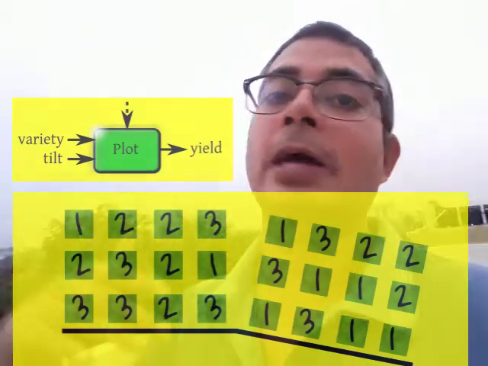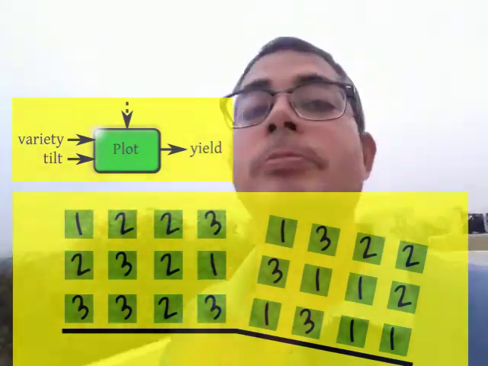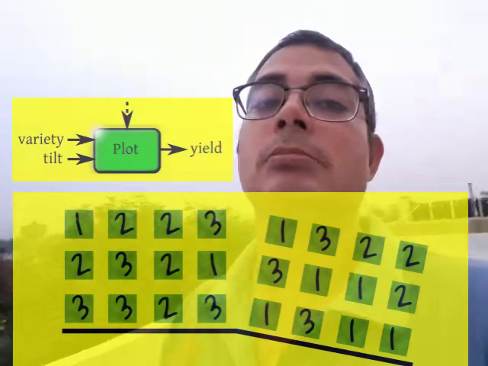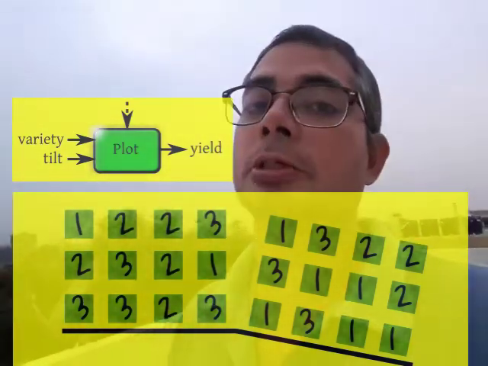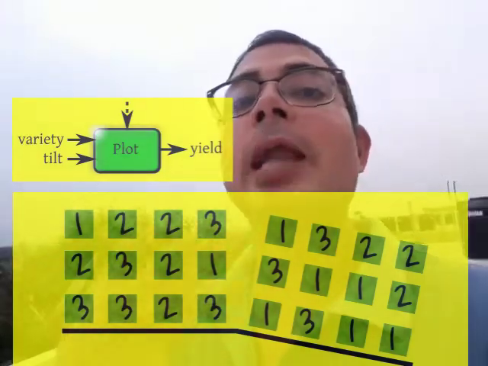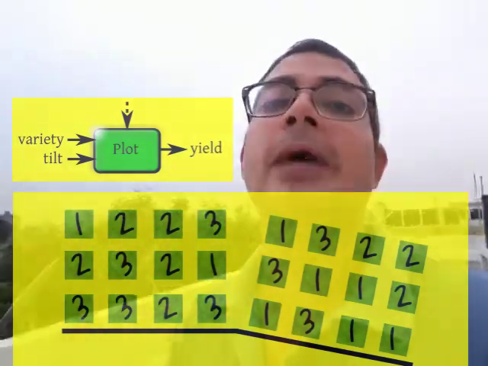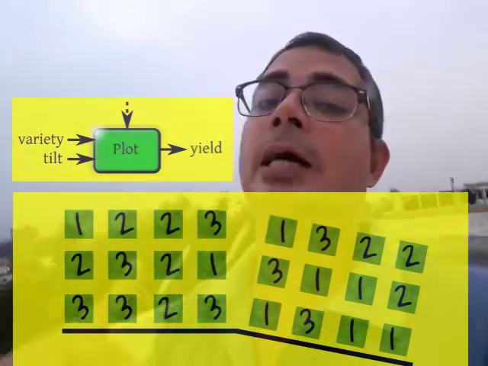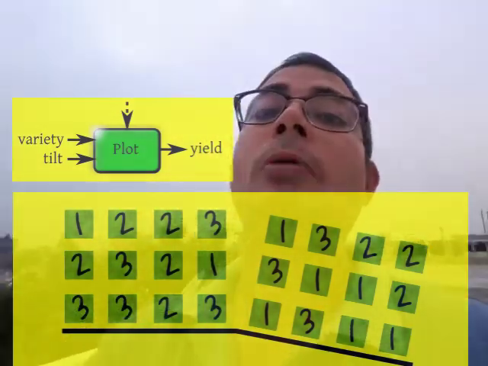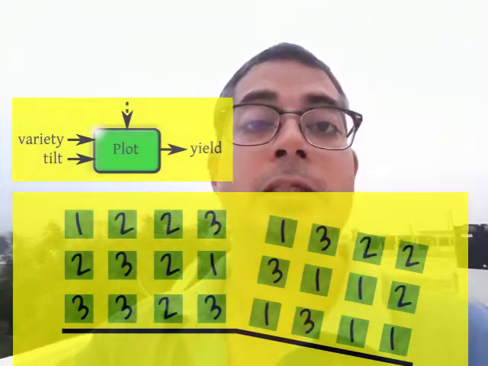It could be because of either the tilt, or it could be because of variety 1. So you will not be able to say which one is the cause. As a result, we would like to distribute all the varieties more or less equally over the plain land and the sloping land. So our allocation would be slightly different in this case.